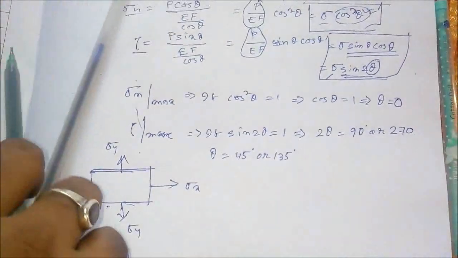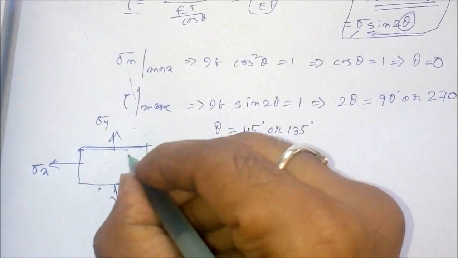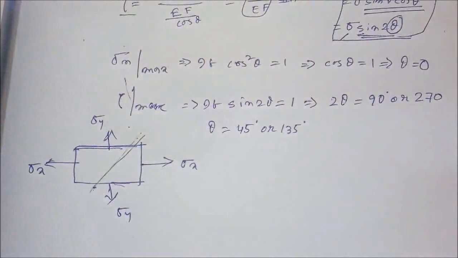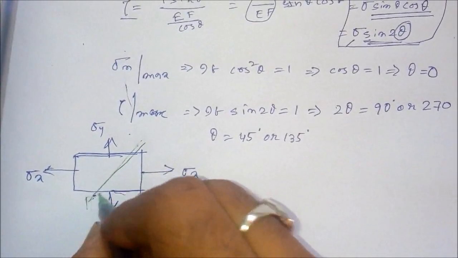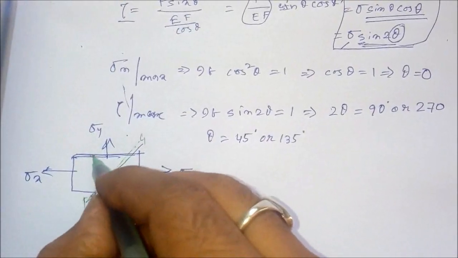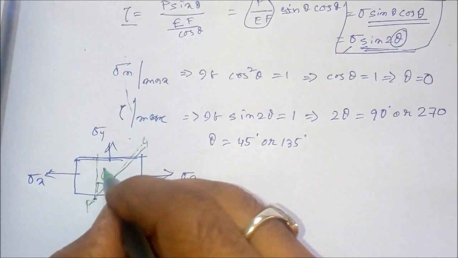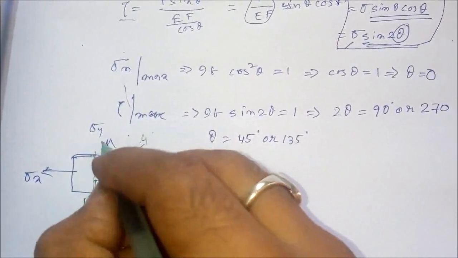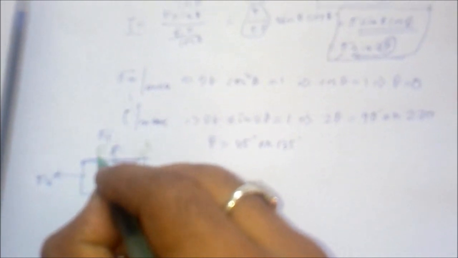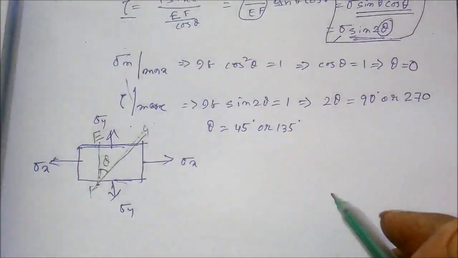Suppose the plane, again we are taking a plane which is FG, and we are taking another plane that is a vertical plane from which this FG is having theta angle. This is EF, right?